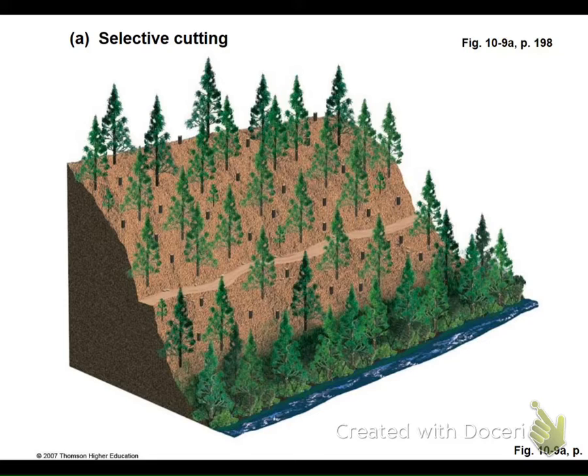That left some of them behind so that the area could be repopulated with trees. However, because it was very, very thin, a lot of the shade-loving plants died off. And so it was not like the old growth forest.